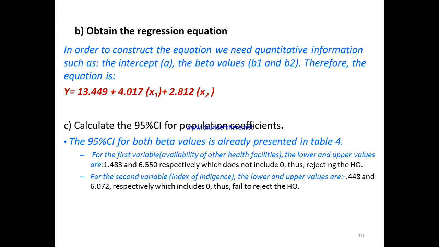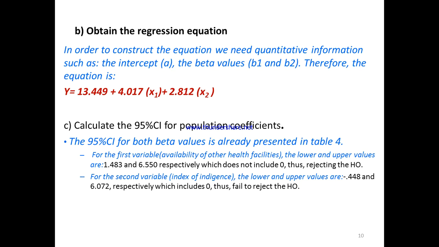The third one is the 95% confidence interval, which has already been calculated for you. As you can see, for the first variable, the 95% confidence interval for the beta value falls between 1.483 and 6.55. This confidence interval does not include 0, and therefore it is significant. That's why we reject the null hypothesis.